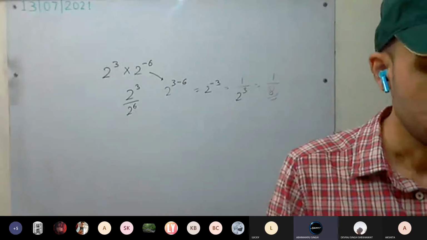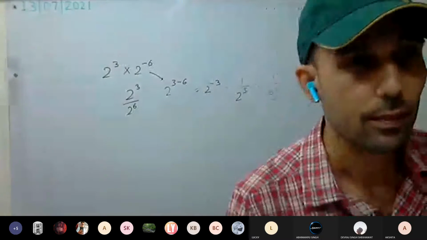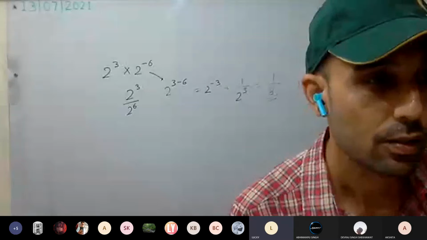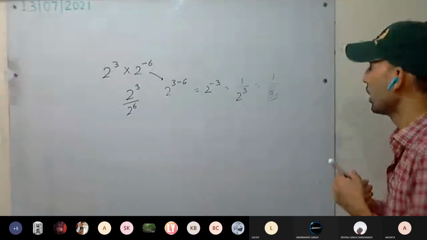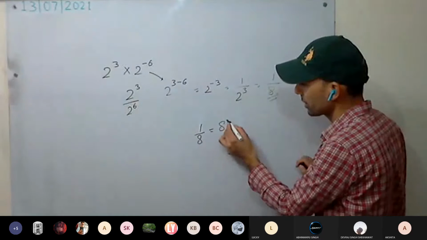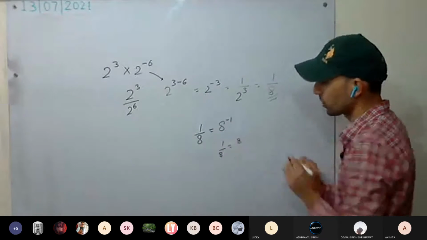Anyone have a doubt? Sir, 1 upon 8, can we write it as 8 also? We can write 1 upon 8 as 8 raised to power minus 1, but 1 upon 8 is not equal to 8.